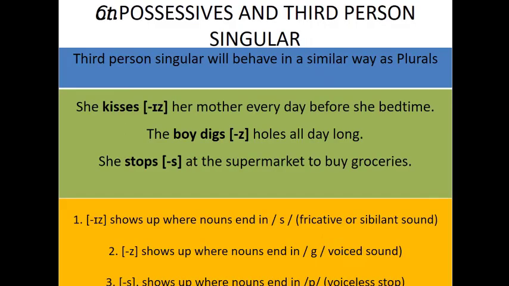Let's look at the third person singular, and we know that third person singular uses the s morpheme. Third person always uses the s morpheme, but the phonological realization differs depending on the consonant sound that the verb ends in.